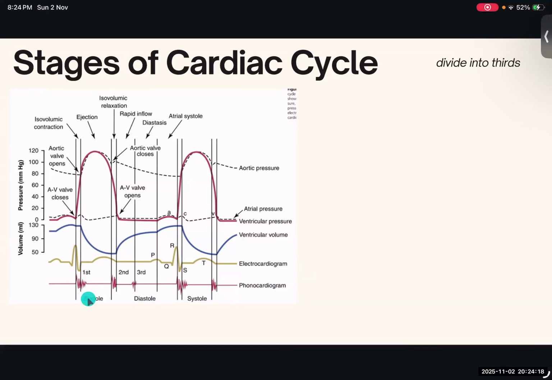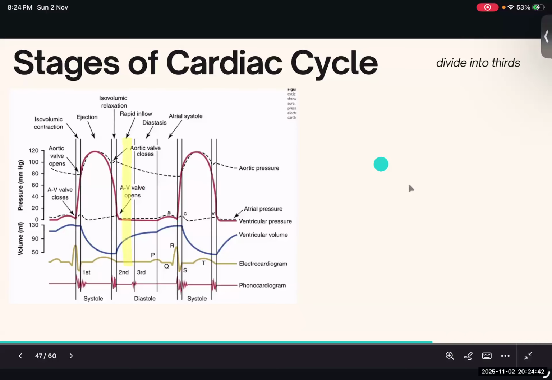Now, during systole, we have a very high jump in the left ventricular pressure, and in diastole, it's going to be reduced. Between these two big mountains of left ventricular pressure, we have the canyons of diastole. Let's divide it into thirds. Diastole, we can split into 3 parts.